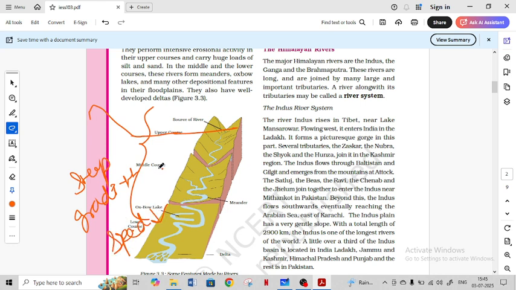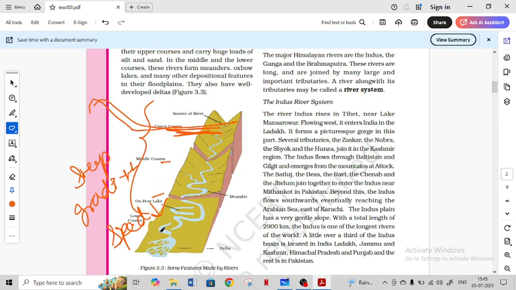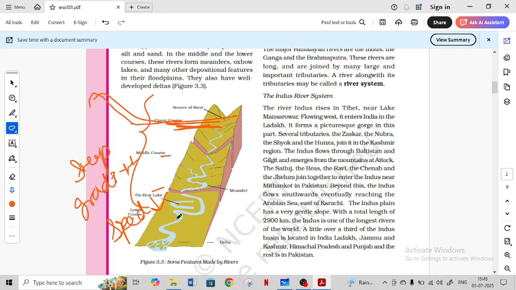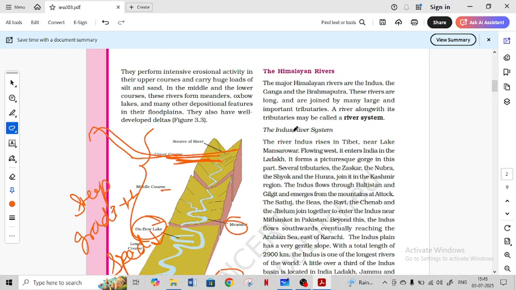As the river comes down into the planar region and the velocity decreases, we see a number of landforms such as oxbow lakes, meanders, and deltas.